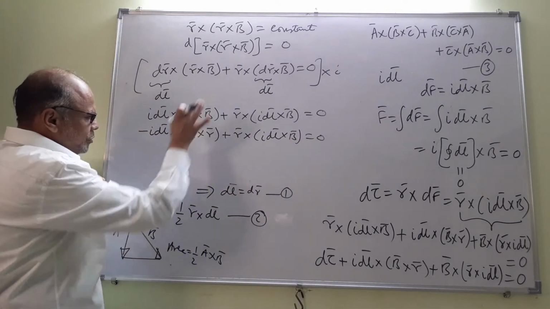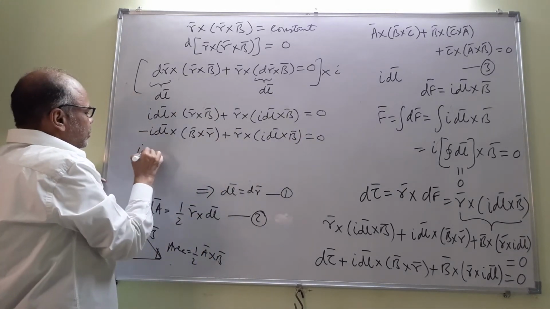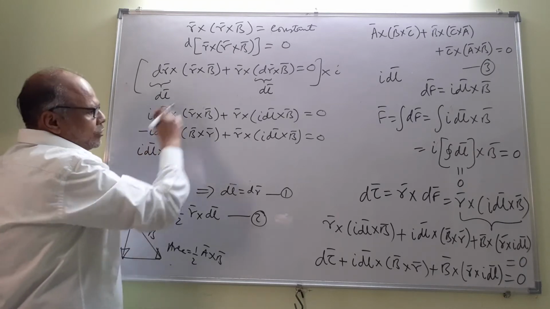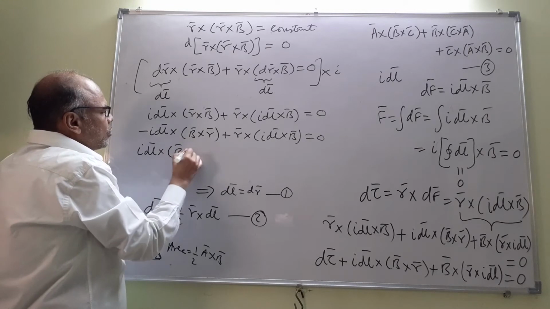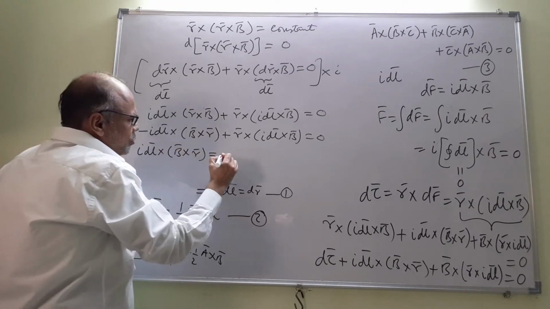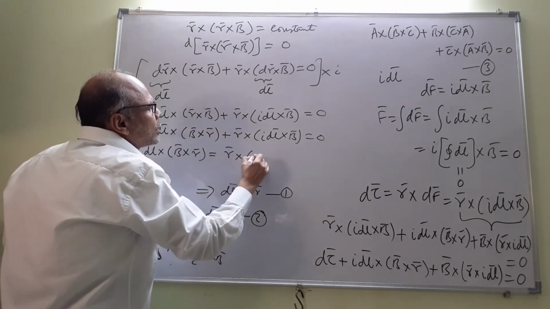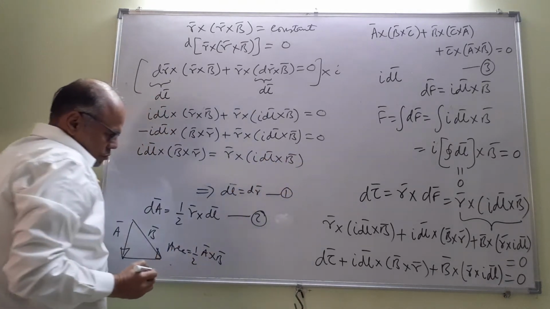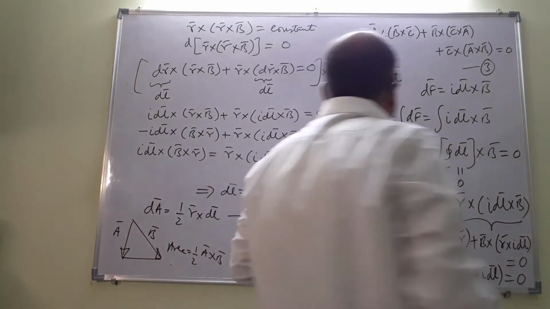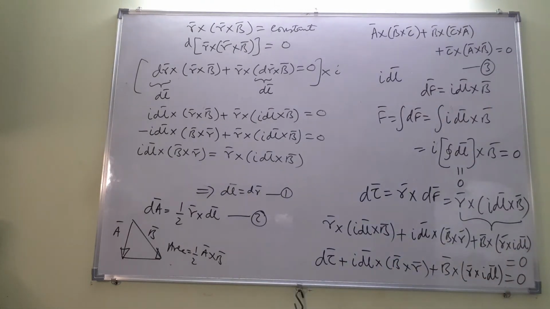Therefore, if I take it to the other side, I dL cross B cross R would be equal to R cross I dL cross B. Yes?